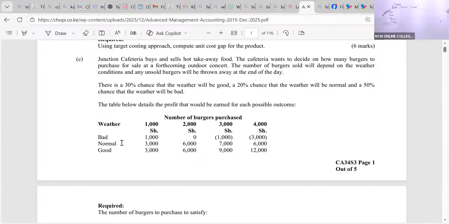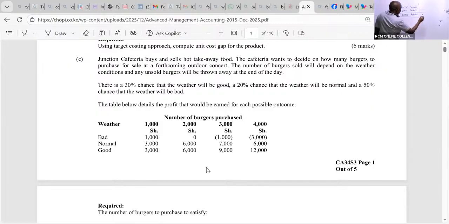Transposing means that the first column of 1,000 will be my first row. So I'm writing this down row wise: 1,000, 3,000, 3,000, 3,000. Then row number 2, from column 2: 0, 6,000, 6,000.